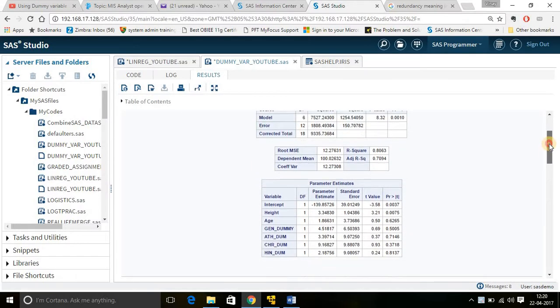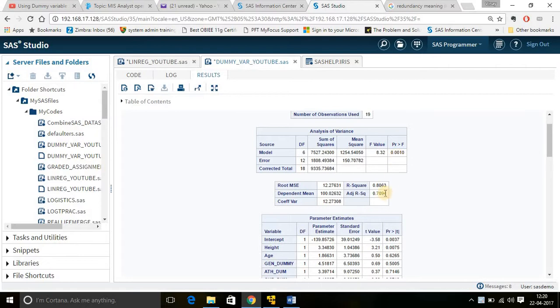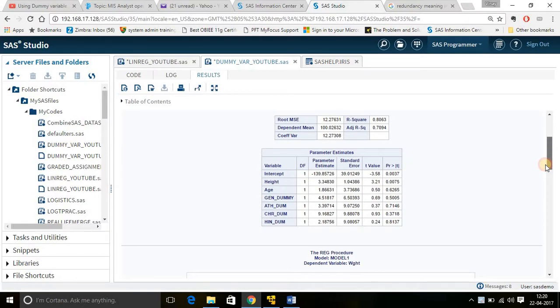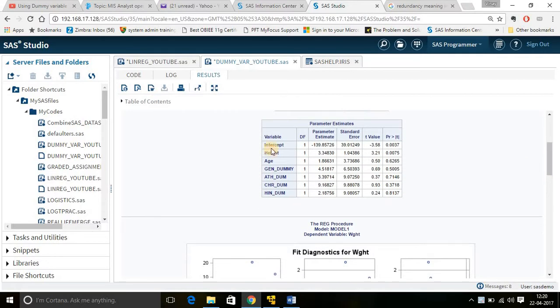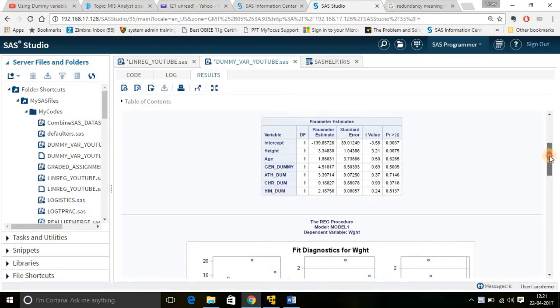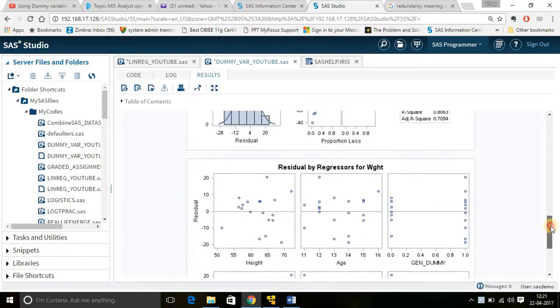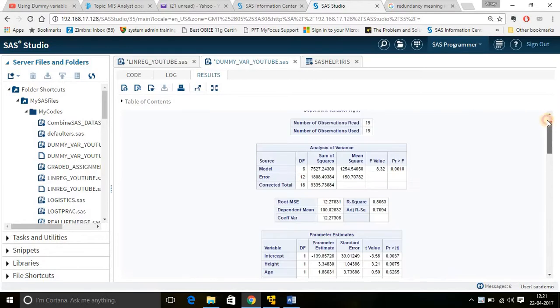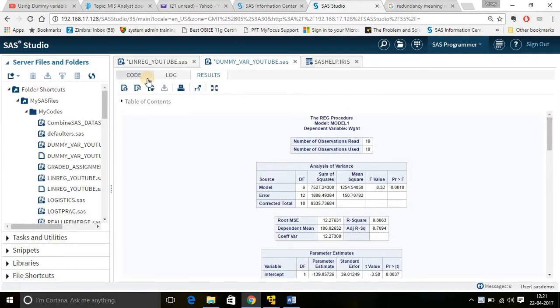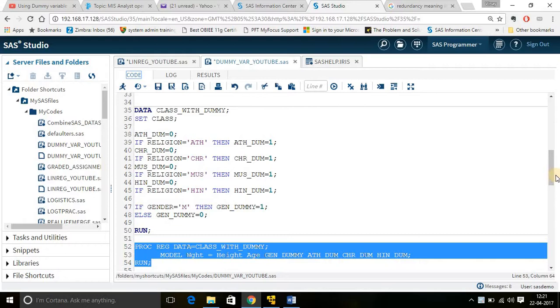And then the p value is fine. R square is also fine. And estimates are there. We can see here intercept, height, age, gender dummy, atheist dummy, Christian dummy, and Hindu dummy. And also we can see the graphs. So this is how we deal with the dummy variables.